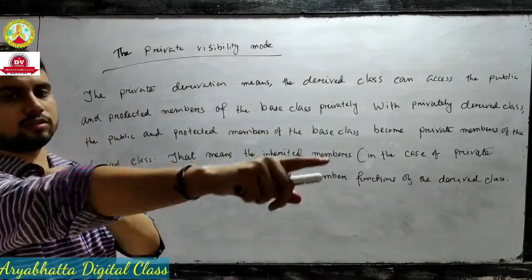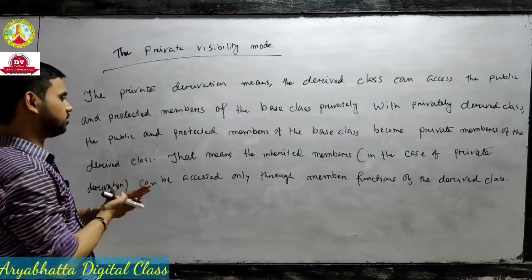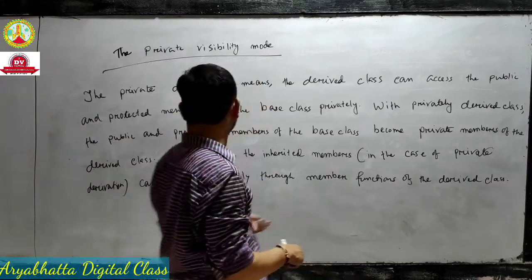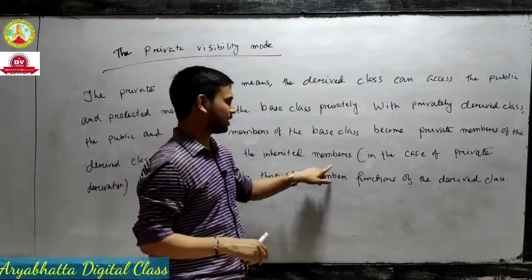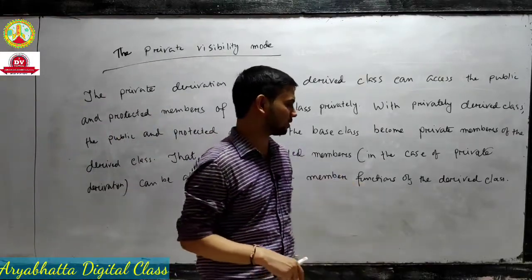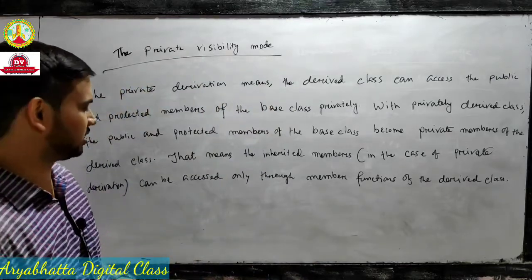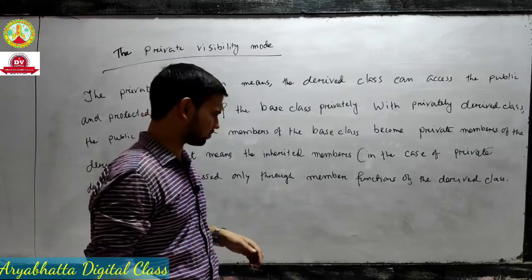But we already did this in the table. With a privately derived class, the public and protected members of the base class become private members of the derived class. Same thing. That means the inherited members in the case of private derivation can be accessed only through member functions of the derived class, within the same class. This is not accessed outside of the class.